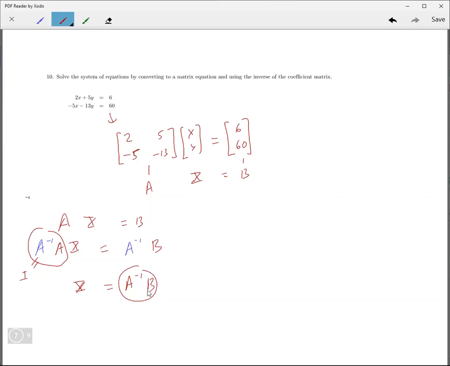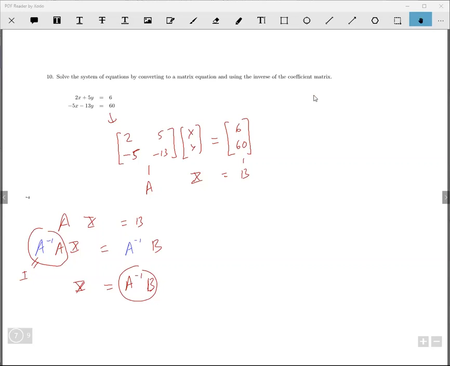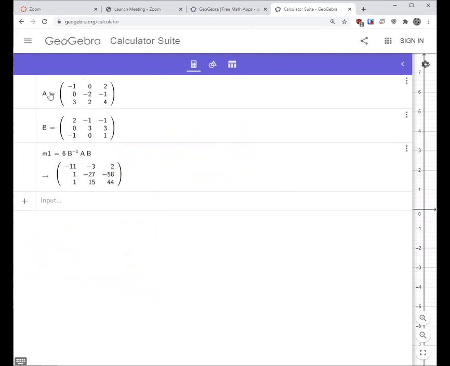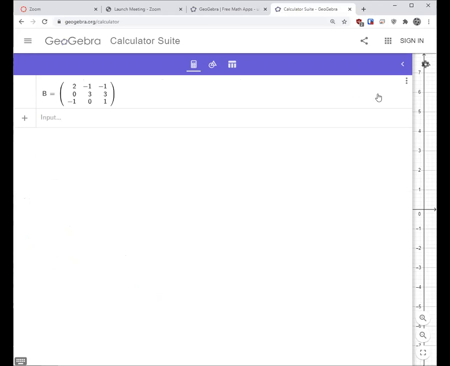Now, what we can do is just put all these matrices into Geogebra. So here's A, there's B. Or we could just do it by hand, I guess.